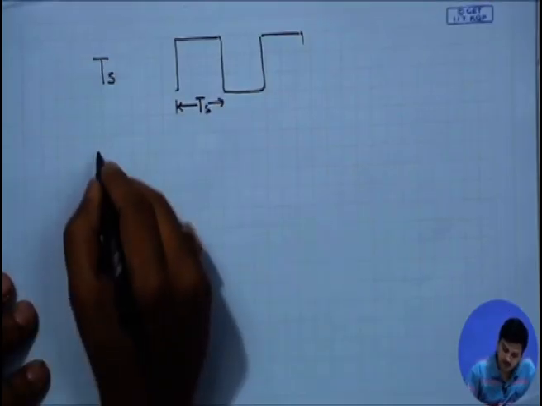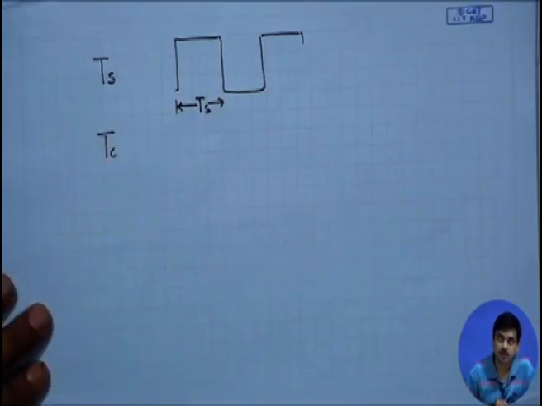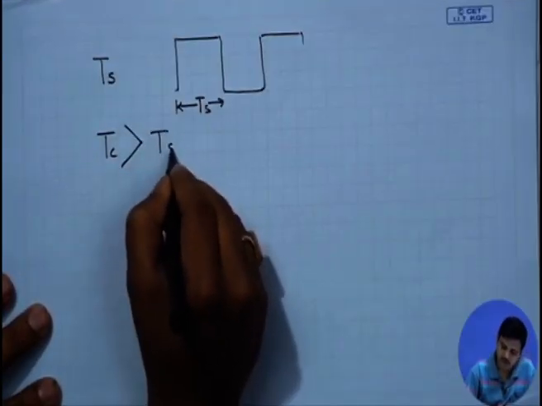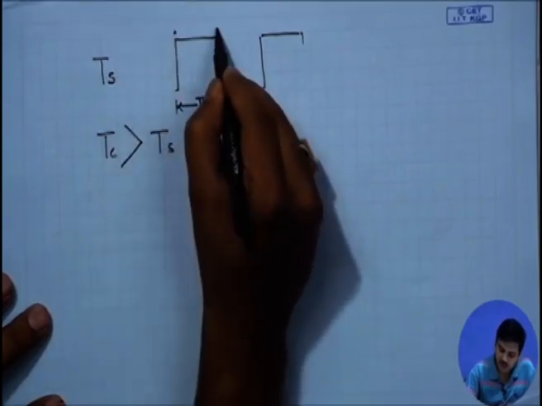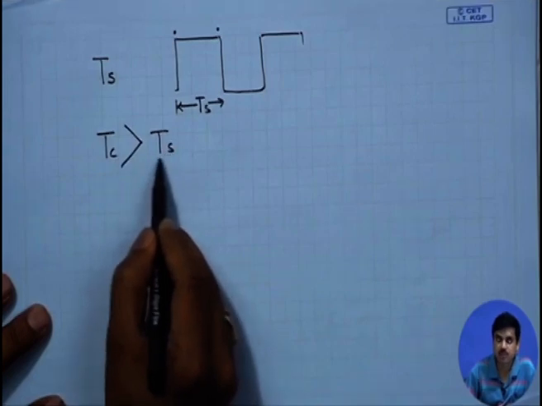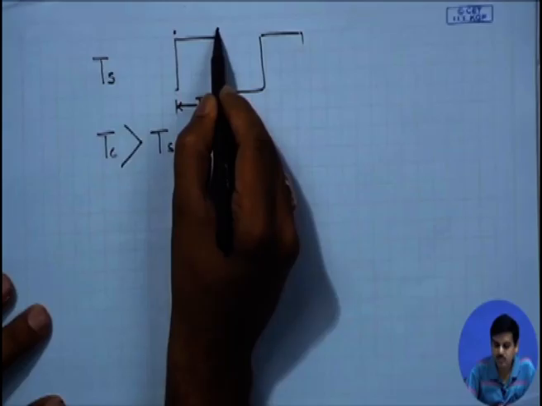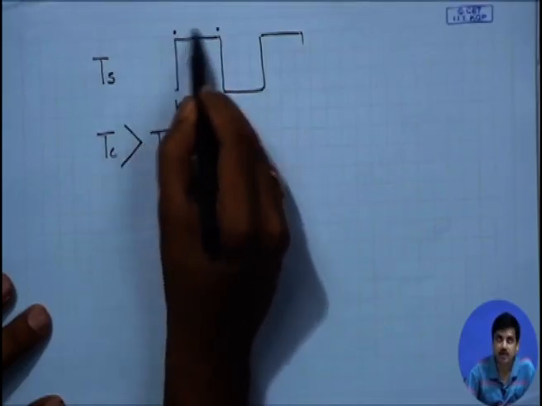If the coherence time, as we measure in multiple ways, is larger than the symbol duration, the channel at this point and this point would be correlated, because the time across is less than the coherence time. That means the channel is nearly flat.